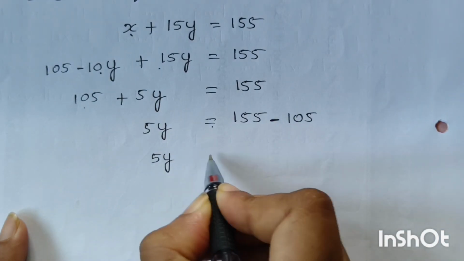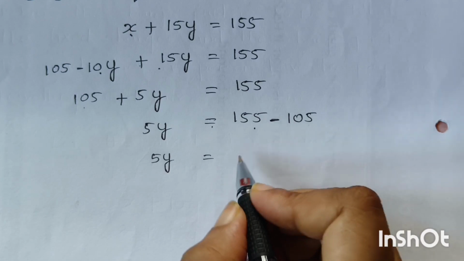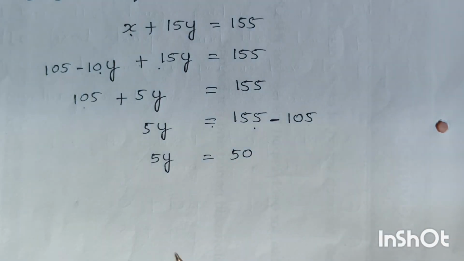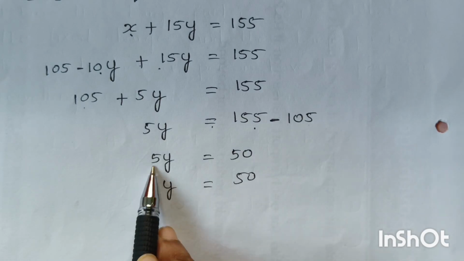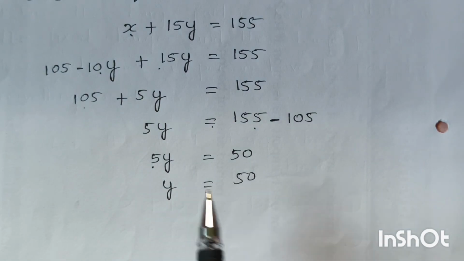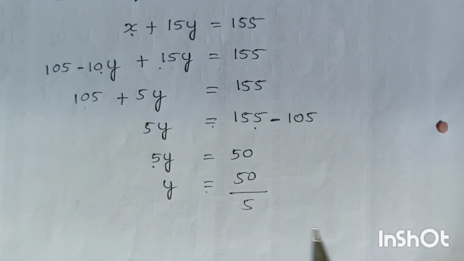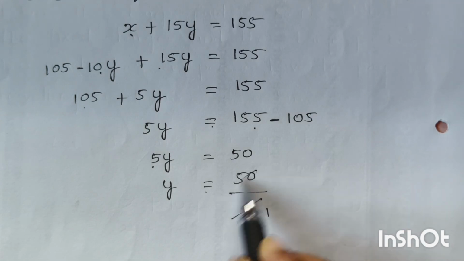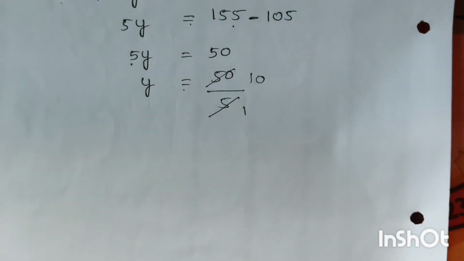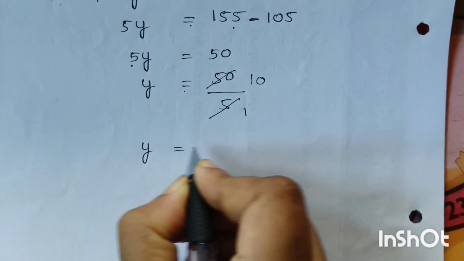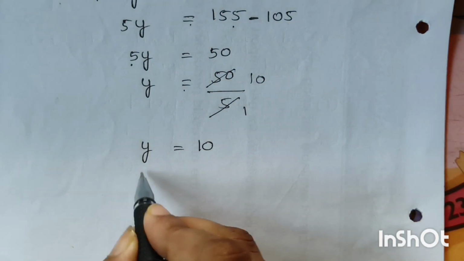That is 155 minus 105 is 50. 5y is equal to 50. When it will cross this equal to sign, it will become divided by 5. 5 ones are 5, 5 tens are 50. Y is equal to 10.